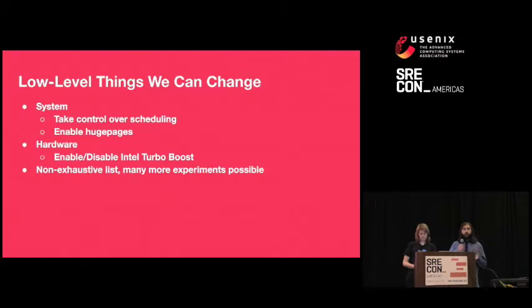We could also do things at the BIOS level to change the performance and power save balance of the hardware itself. Again, this is not an exhaustive list. There's so much more that we can do here. But the key point is these types of tuning are harder to achieve on a generalized shared infrastructure, but can become available when we specialize.